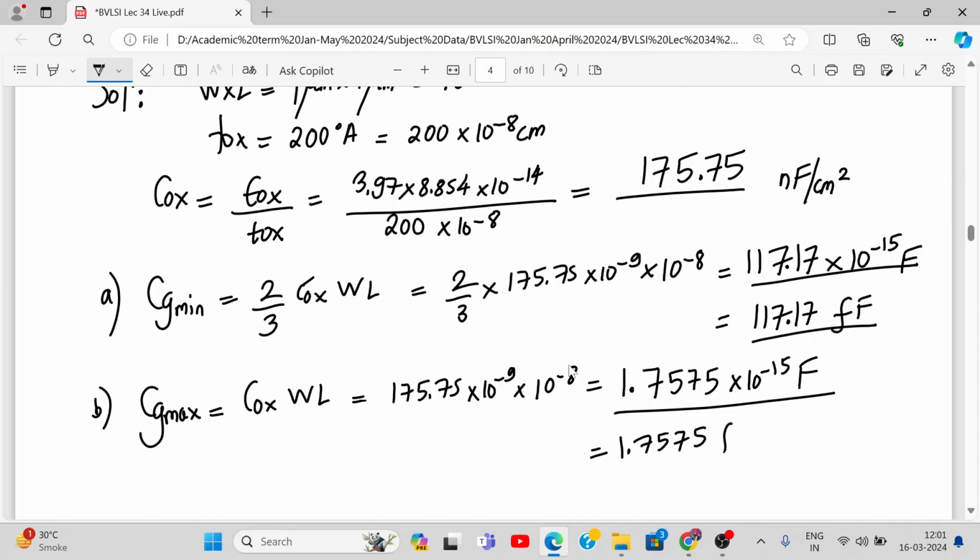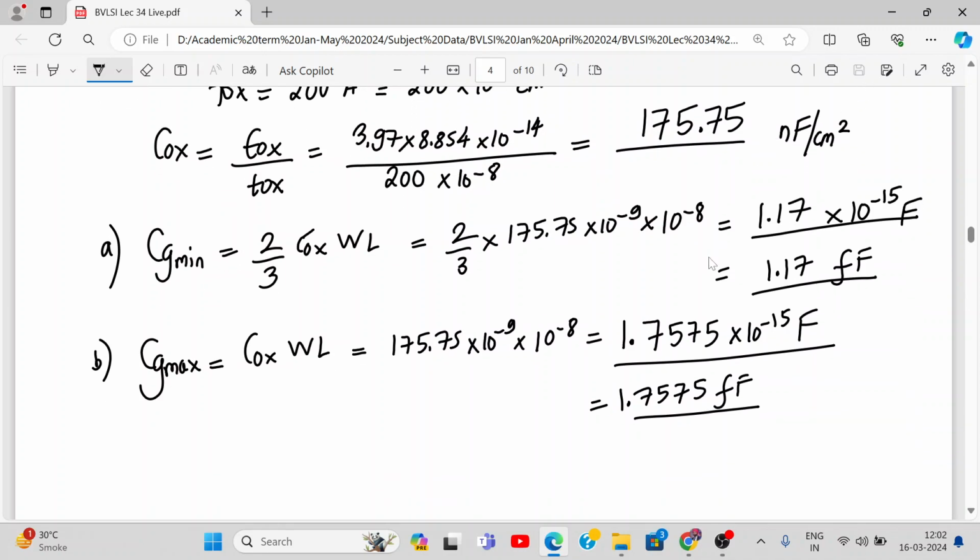How is this higher and that lower? CG min is 1.17. Oh yeah, that's what I was wondering. So this is 1.17 femtofarad, and this is 1.755. Now it is correct. Yes, sir. Okay, all right.